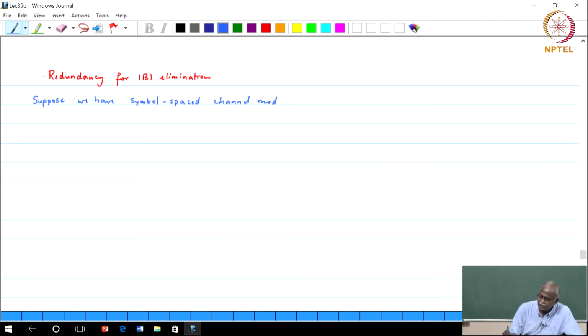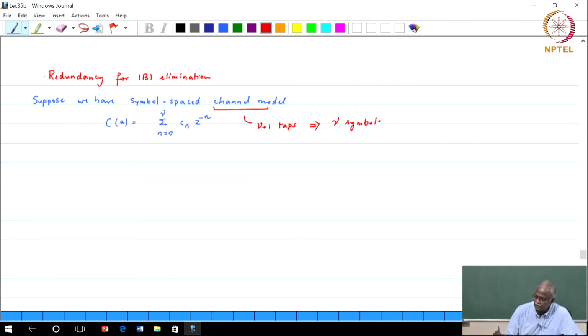The symbol spaced channel model is given by C of z, which is the sum from n equal to 0 through nu of C_n z to the power minus n. This is a channel model with nu plus 1 taps, which implies there are nu symbols of ISI.